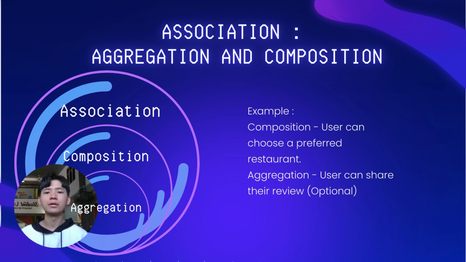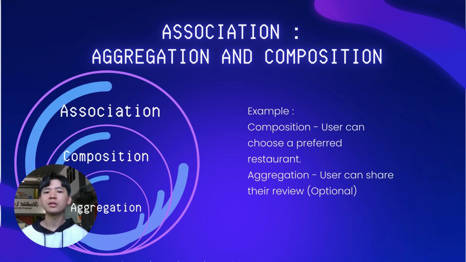For example, for the composition, the user can choose the preferred restaurant. Then he can order. If he doesn't choose the preferred restaurant, he cannot order. So the order is the child and the restaurant is the parent. If the restaurant does not exist, then the child will not exist.